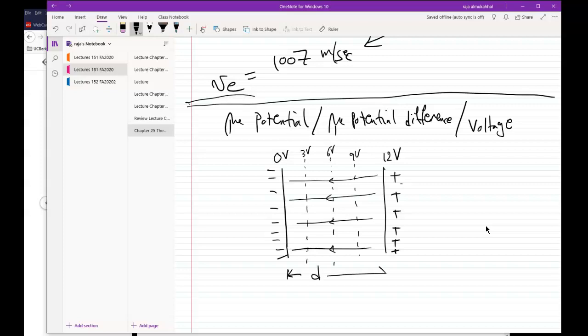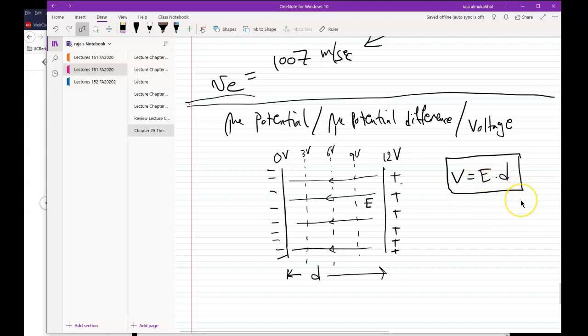And there is a relationship between the electric field, the voltage V and the distance, and that's this one: V equals E times d. Got it? One way to remember it is Ed, our friend Ed; that's how I remembered it when I first learned this stuff. So the voltage is equal to Ed.